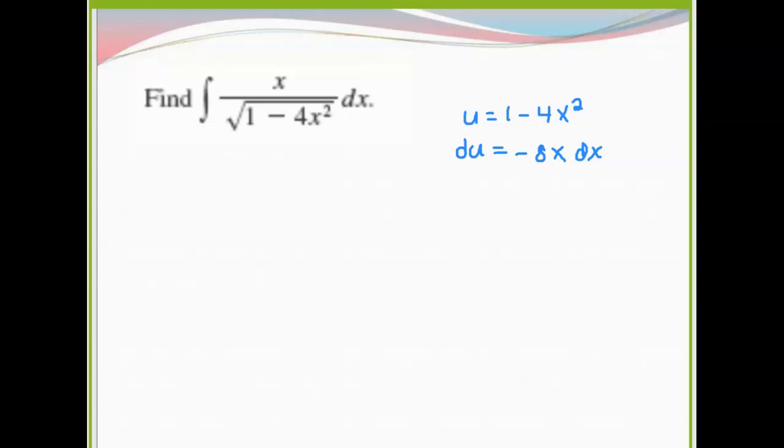If I look at my problem, I replace the square root, complicatedness, with u.